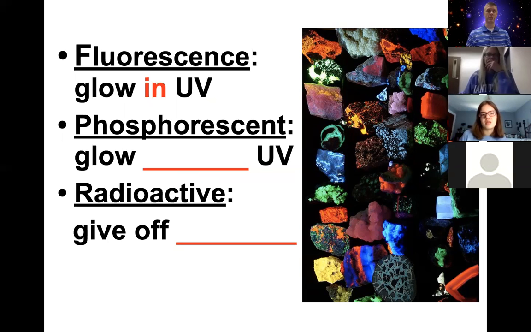I'm guessing some of you have seen fluorescent colors, those neon colors that are really bright, and then if you put them under a black light, they're really bright. Or if you use Tide or laundry detergent, you can paint it on stuff and you can't really see it, but then if you put it under a black light, it glows. That's fluorescence. It's giving off light energy because of the UV light.